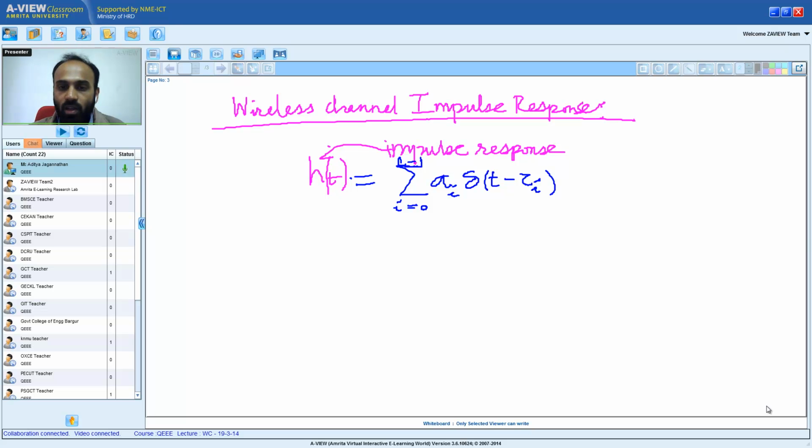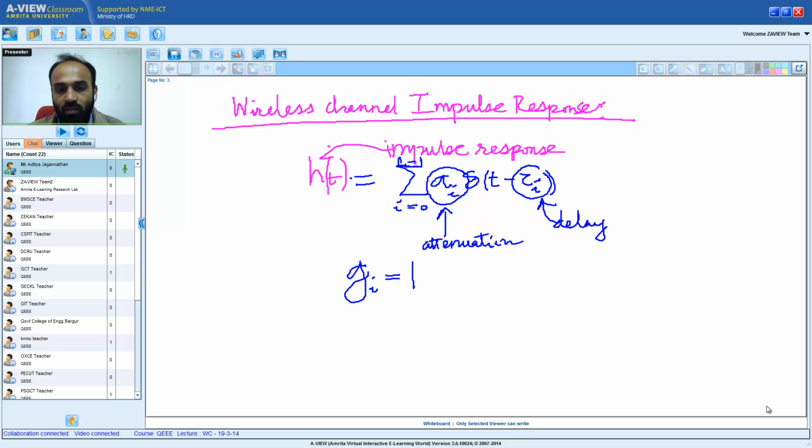Each impulse corresponds to the attenuation a i, and each tau i corresponds to the delay. Now I can also do another thing. If I want to find out the power associated with each multipath component, I can set G i, the power associated with the multipath component, as magnitude a i square.